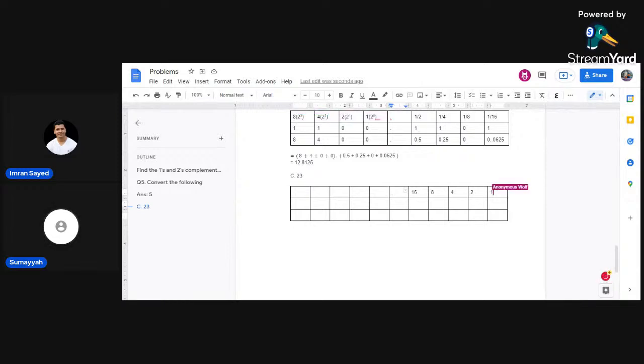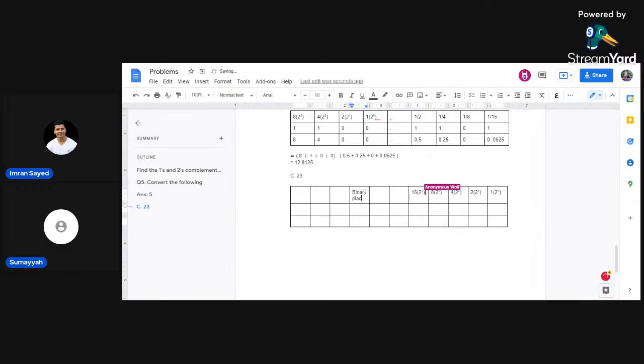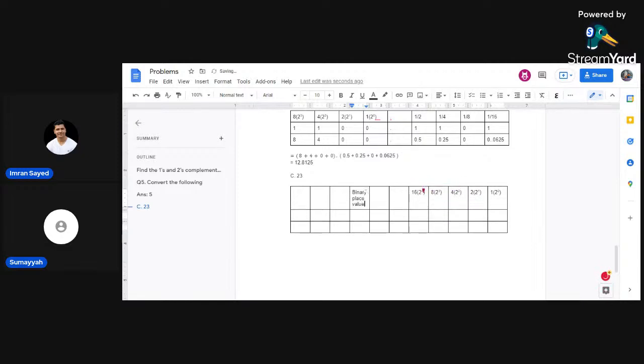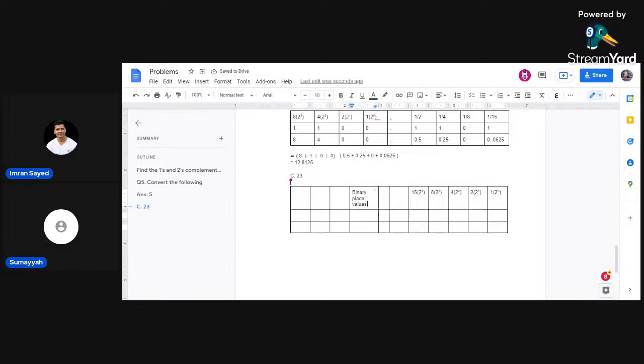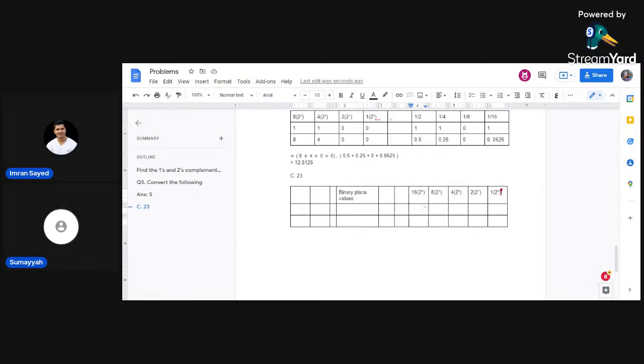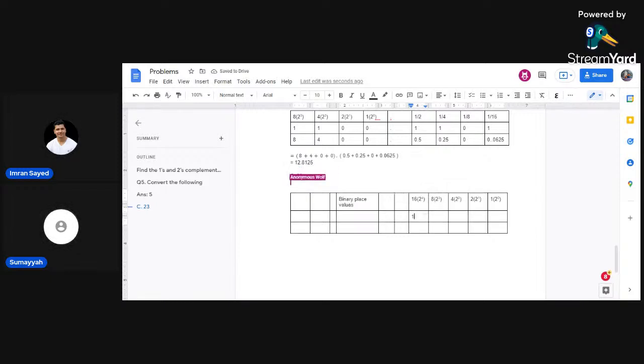So these are binary place values. Then you write the number in powers of 2. So 23 is 16 plus 4 plus 2 plus 1. So for all of those powers, we put a 1.